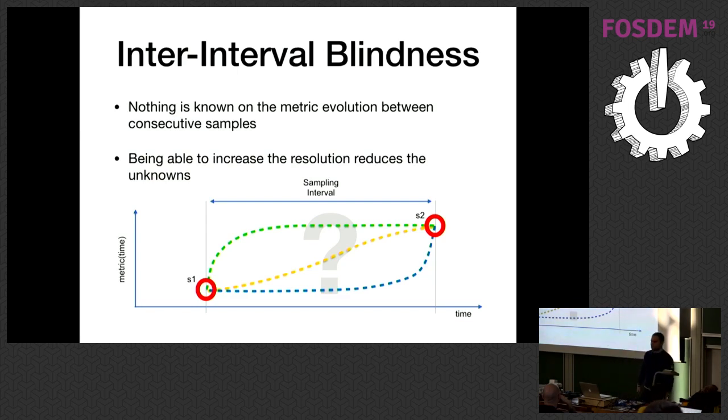But in practice, we don't know. We have only S1 and S2. So it's pretty clear now that the shorter the sampling interval, the closer we can go to the real metric. So it's beneficial to be able to reduce this sampling interval.